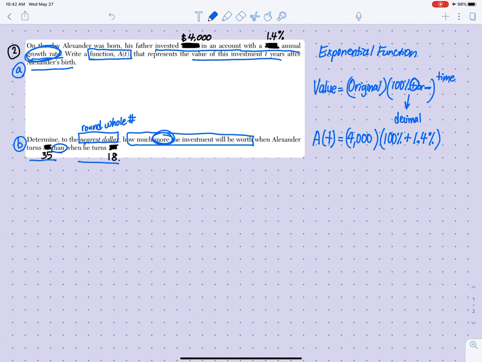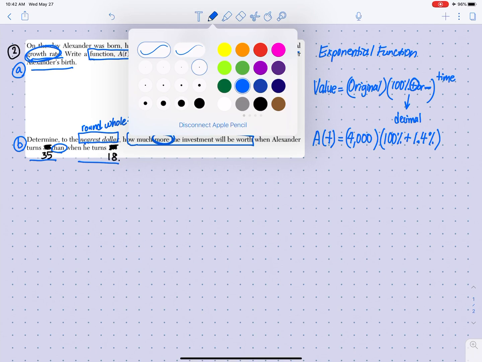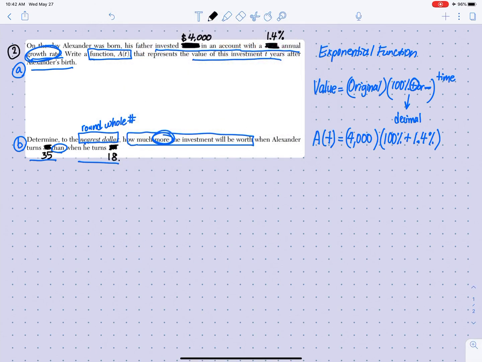Okay, so now let's do some math here. I'll change the color so you know I'm doing some work here. So 100% plus 1.4% is 101.4%. Now, if you remember, whenever you want to change a percent to a decimal, you move 2 places to the left, or you can put that number over 100.